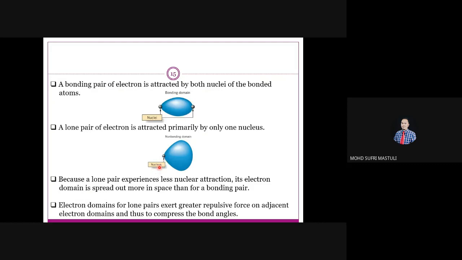Because this electron domain of the lone pair is bigger in space, it exerts greater repulsive force towards the adjacent electron domains. Thus, it reduces the angle. Okay. So because of the tetrahedral like this.